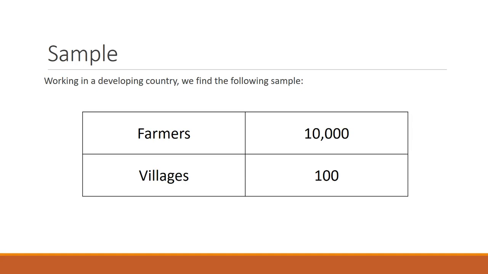That would mean that in those 50 treatment villages, all the farmers receive fertilizer, and in the 50 control villages, all the farmers do not receive the fertilizer. That would be randomization at the village level. So the level of randomization refers to what unit of observation I am conducting my randomization at. I can randomly assign farmers, or I can randomly assign villages.